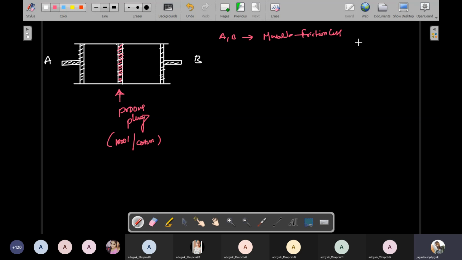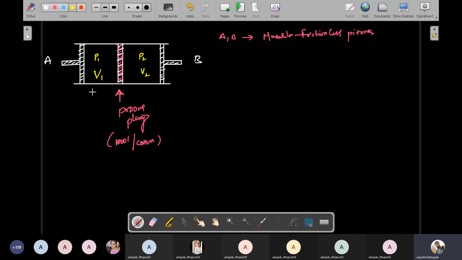Now I'll consider gas in the first chamber. This chamber's pressure is P1 and volume is V1. And this chamber's pressure is P2 and volume is V2. Okay, understand?